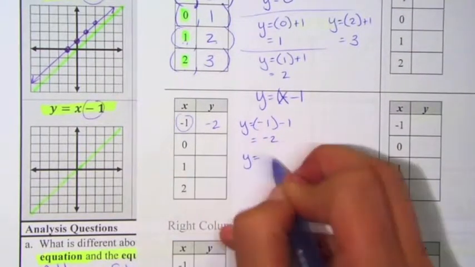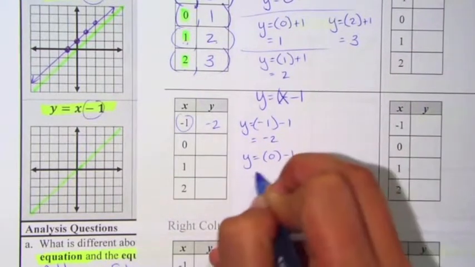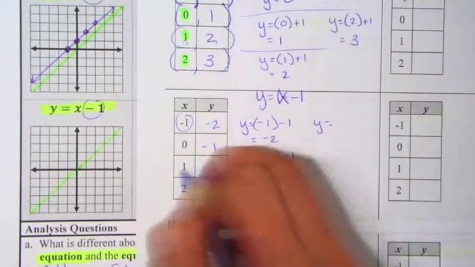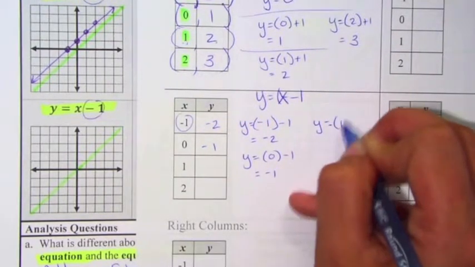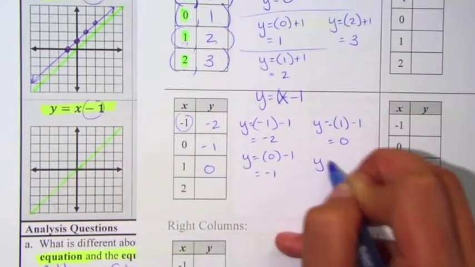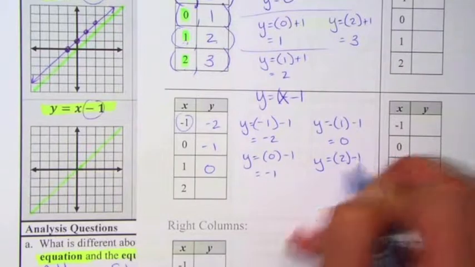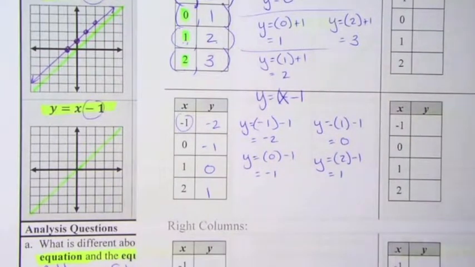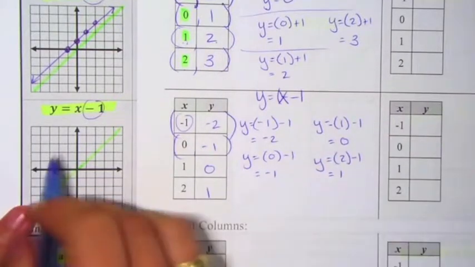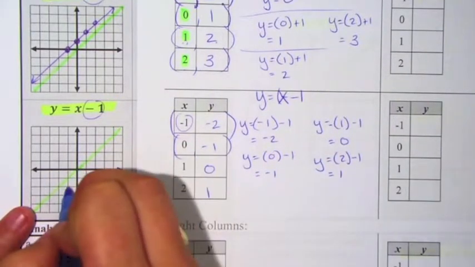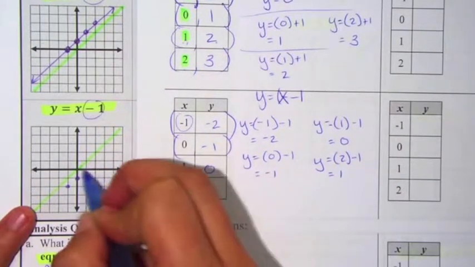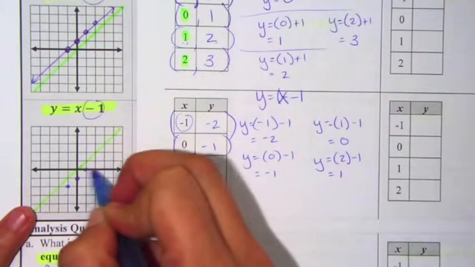I'm going to substitute in 0, which is negative 1. Substitute in 1, which is 0. Substitute in 2, which is 1. Now I'll go and graph these points. Again, these are all ordered pairs. So negative 1, negative 2, 0, negative 1, 1, 0, 2, 1.